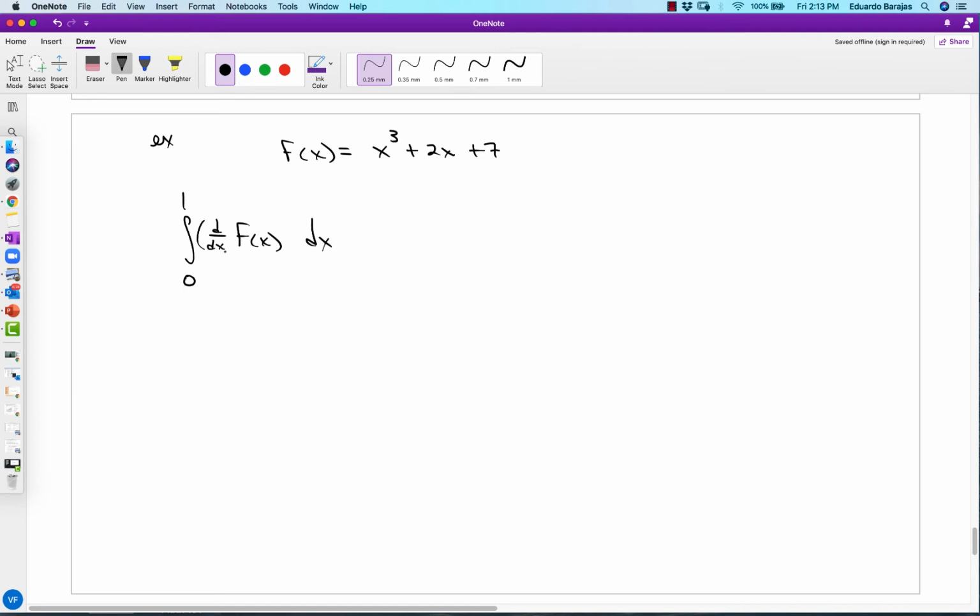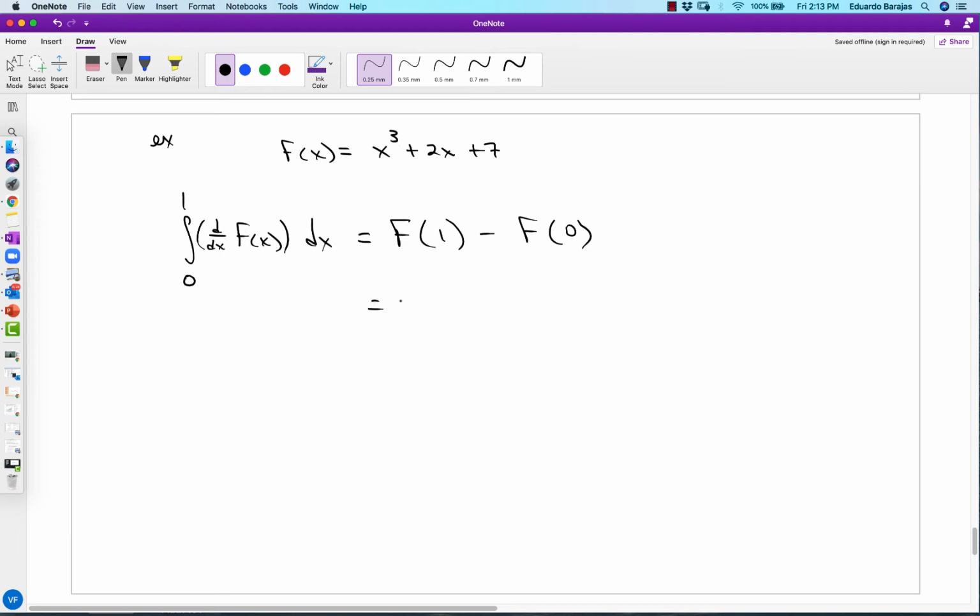Good. Well, part 2 of the fundamental theorem of calculus says that this integral process and this derivative process kind of undo each other, and that this is going to be equal to just evaluating my function at 1 minus evaluating my function at 0. Makes it super duper easy.